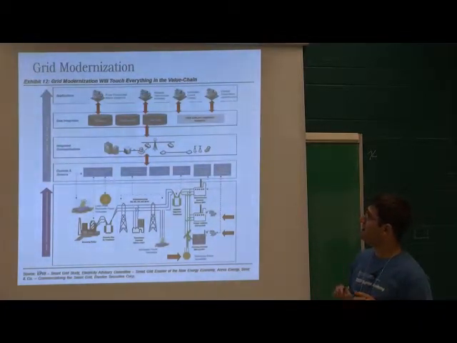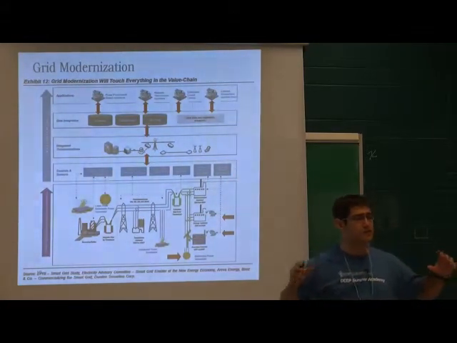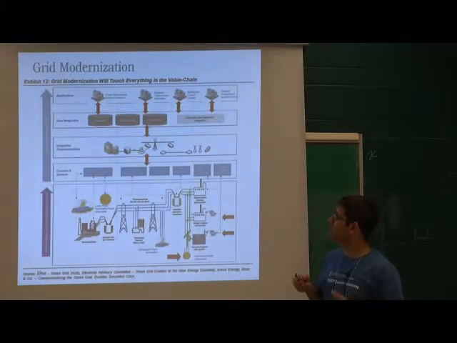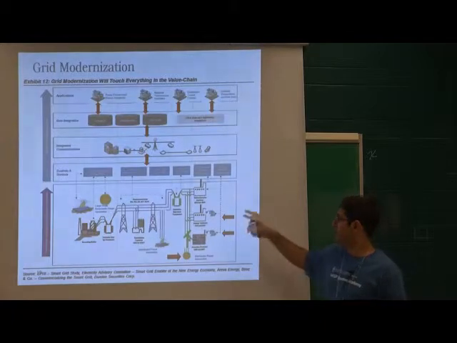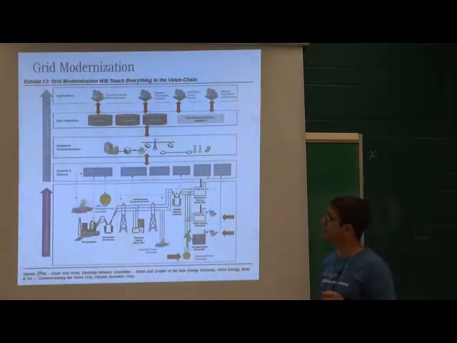Next, you have the integrated communications. So all of this information has to be integrated in order to transfer information back and forth and know what is happening here, and based on that, generate electricity.